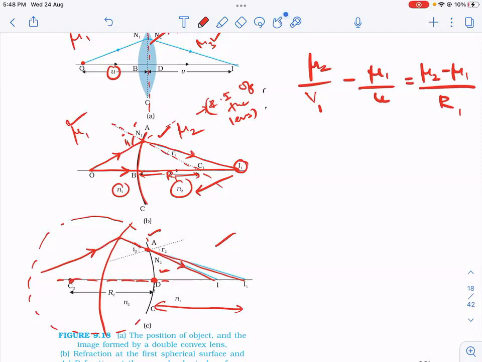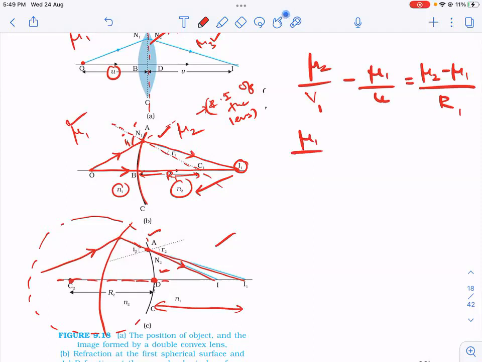For the second surface, this is where you need to be careful. How do we apply the same refraction at a spherical surface for the second part? Where is the final image formed? The image will definitely not be formed within the lens.